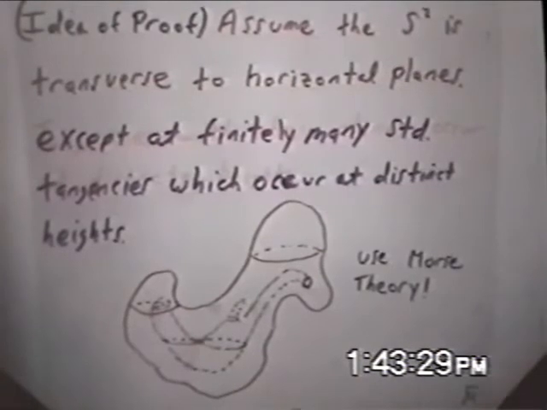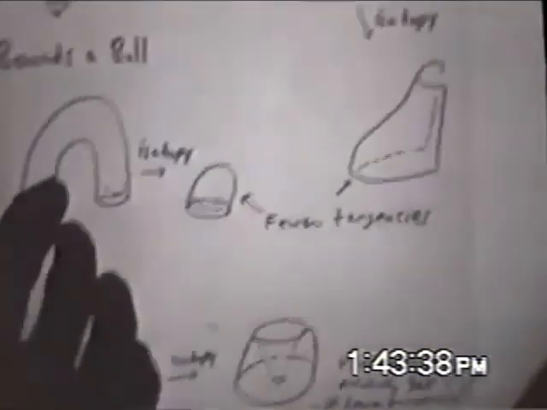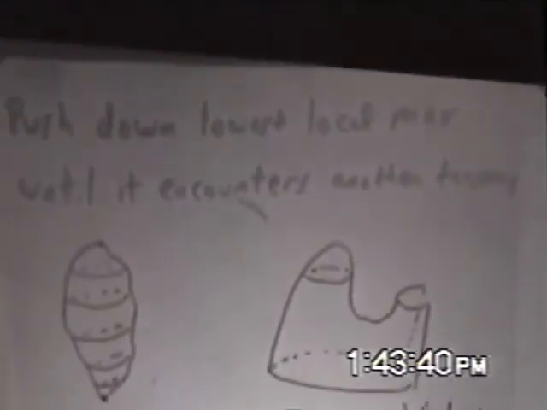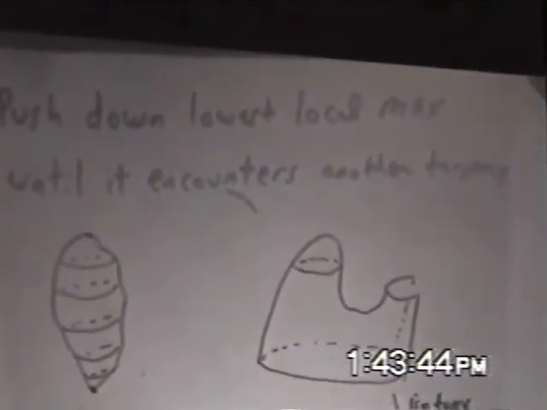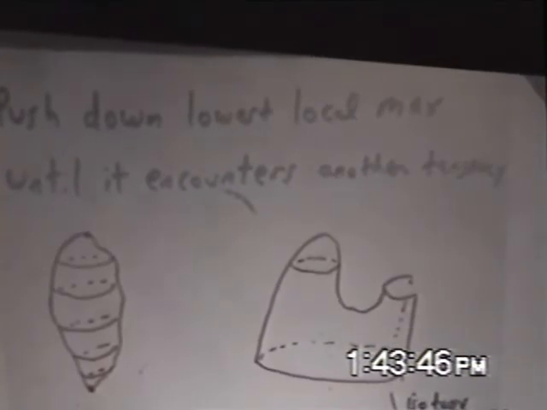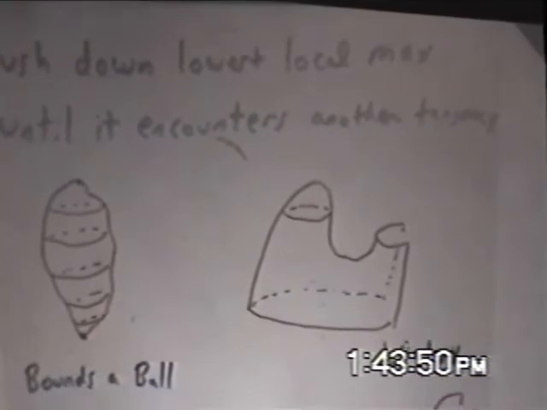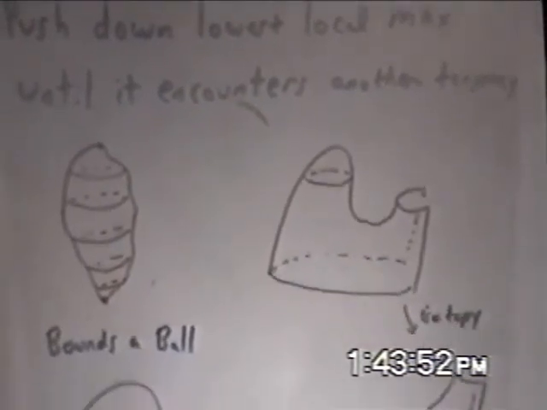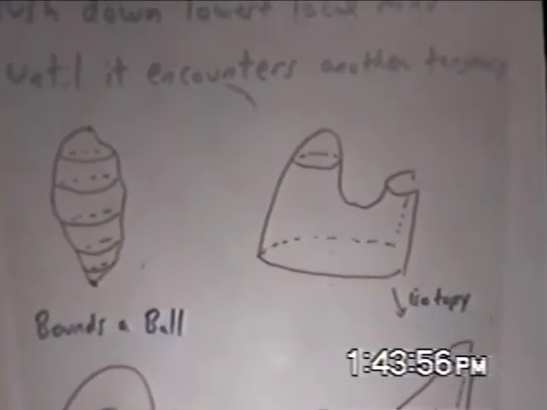So what's the idea? Here's this two-sphere living inside of R3. What you do is look at a local maximum, say the lowest local maximum.